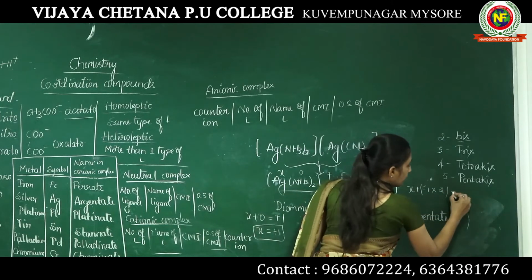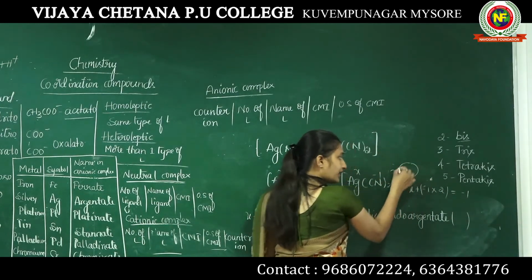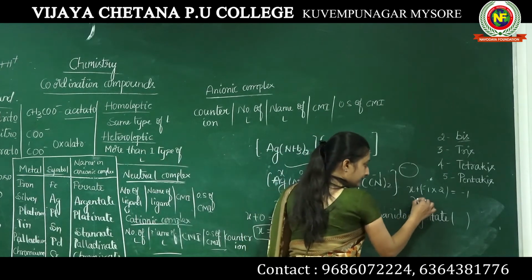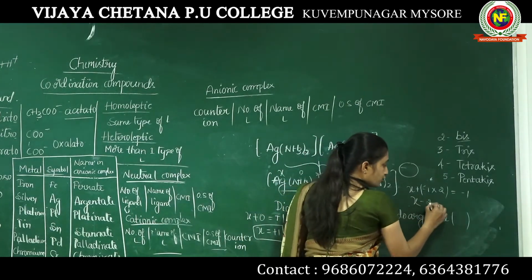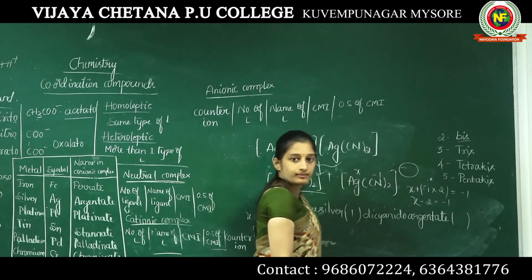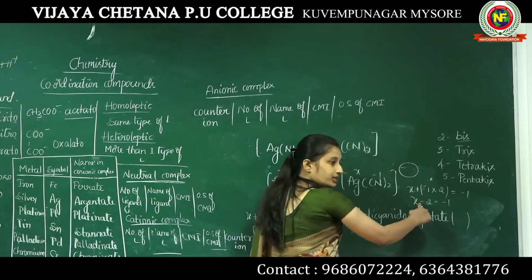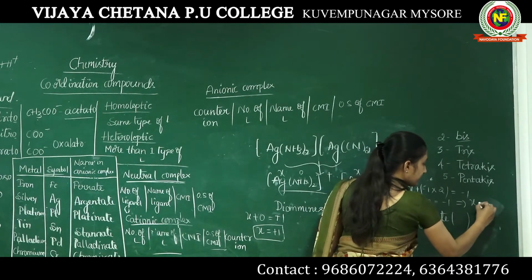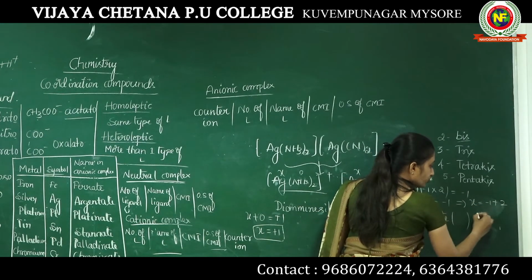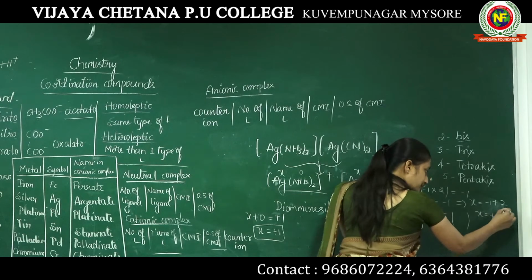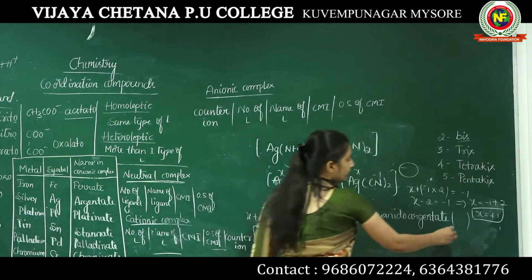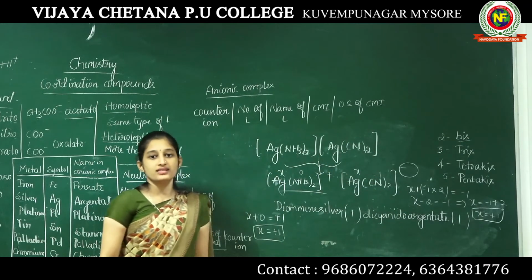Is equal to -1, the overall charge. Then X minus 2 is equal to -1. This 2 from left hand side to right hand side becomes X is equal to -1 plus 2. X is equal to plus 1. Oxidation state 1.